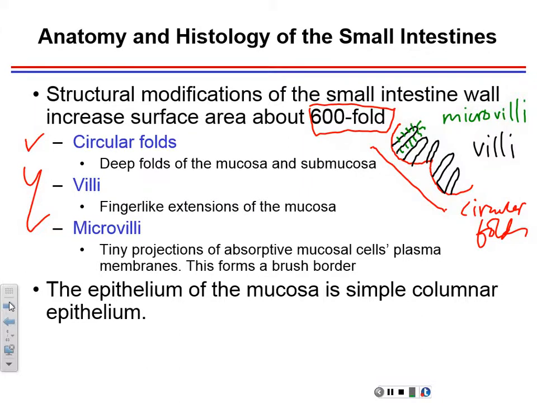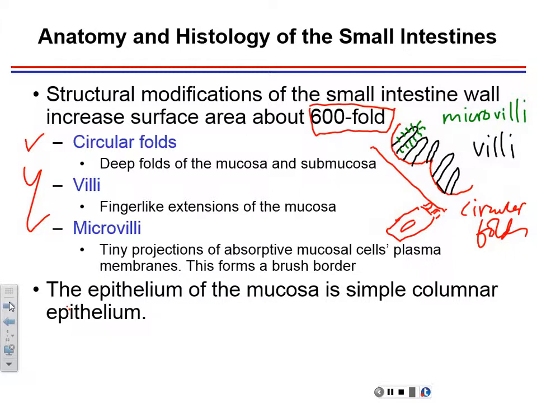It's columnar epithelium, and those cells also form the absorptive cells, which we'll talk about in a little bit. So you will have an absorptive cell that is columnar, and then it will have a nucleus, and then it will have the villi and microvilli.